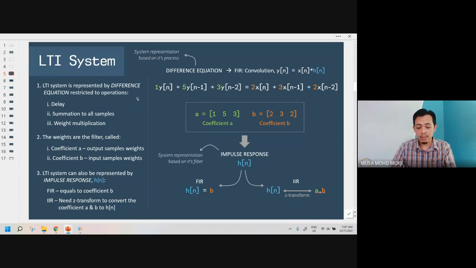An LTI system is a linear and time-invariant system, and here we are referring to a discrete time system. In a continuous time system you also have LTI systems, but this one is a discrete time system.